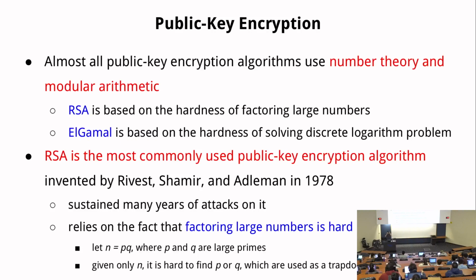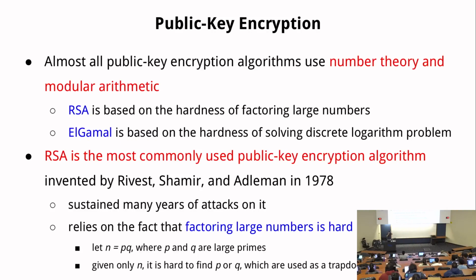So the mathematical foundation for RSA is that it's difficult to factor large numbers. Let's say I give you an integer n, and you factor it into two different integers, p and q. And of course, here they have to be large numbers, and they have to be prime numbers.